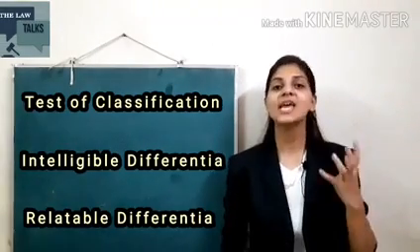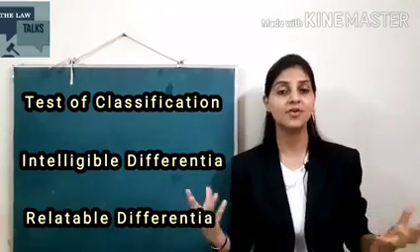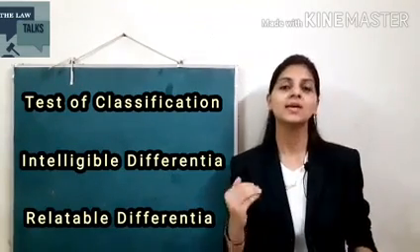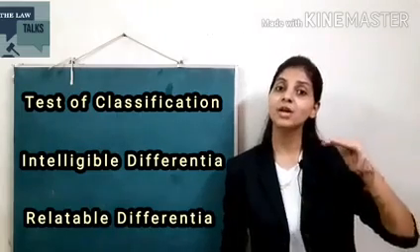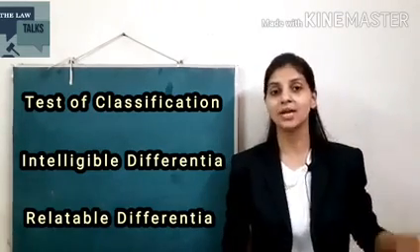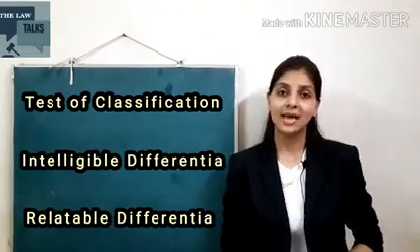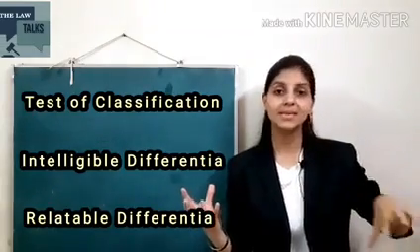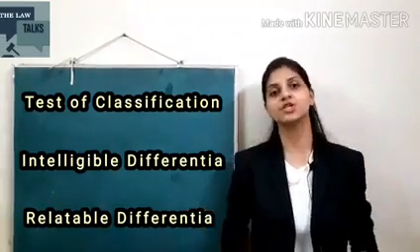Okay, now what is intelligible differentia? We can understand it with the example I have been taking since the start of the video. Say for example, right to education and making of a separate legislation for the underprivileged students.